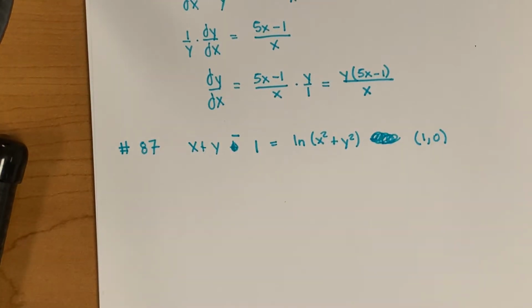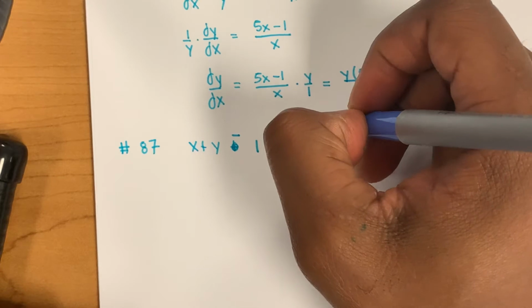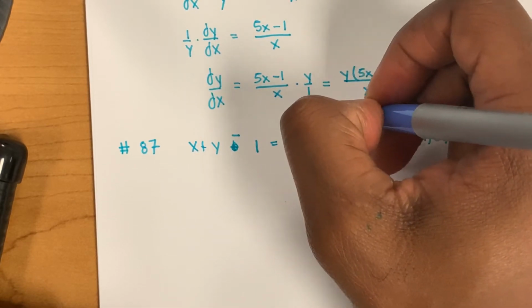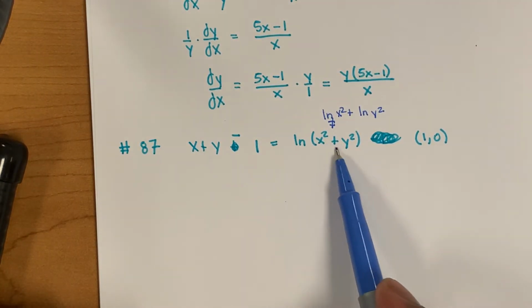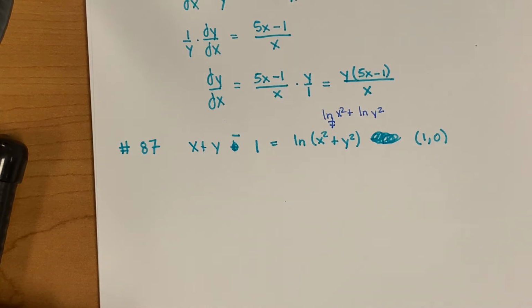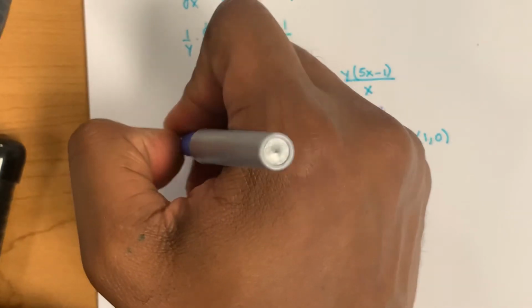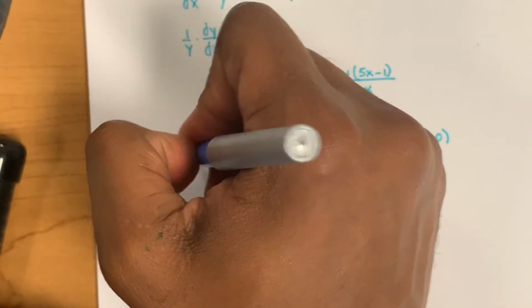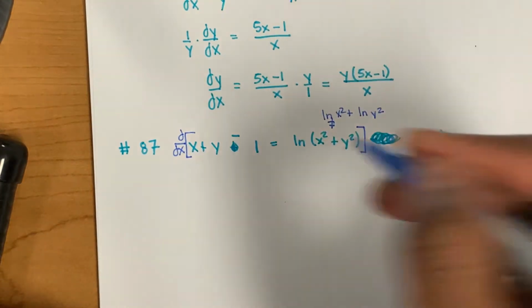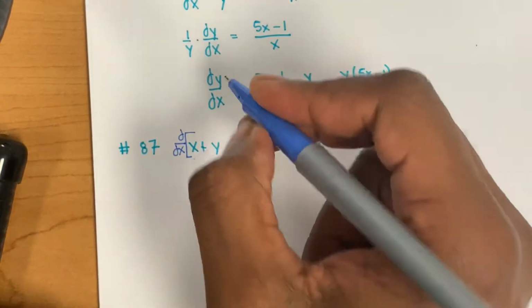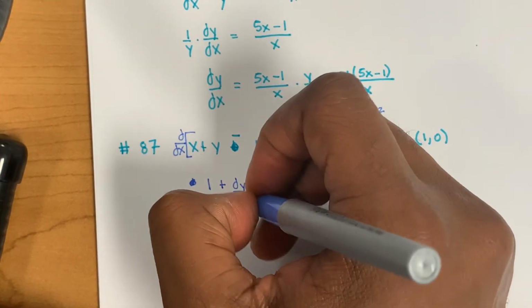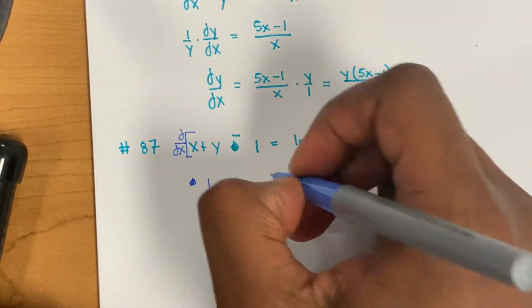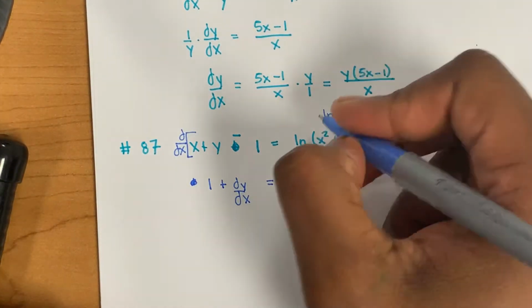So you cannot distribute and tell me this is the ln of x squared plus the ln of y squared. That is not how this works. You have to leave this alone. There's no multiplication, so you can't expand it. So if we drop a derivative operator around the entire equation, we get 1 plus dy over dx, the derivative of negative 1 and 0, equals derivative over original.